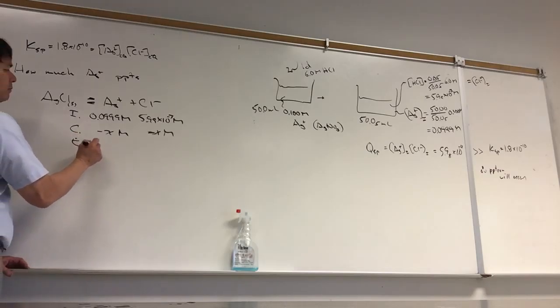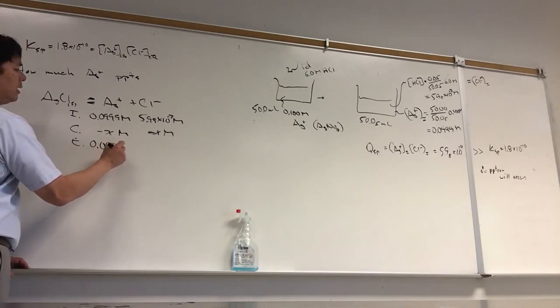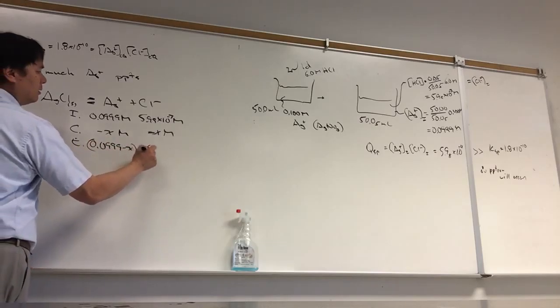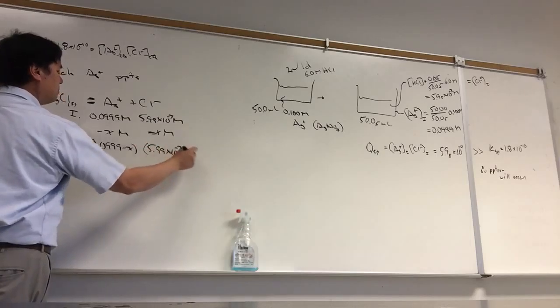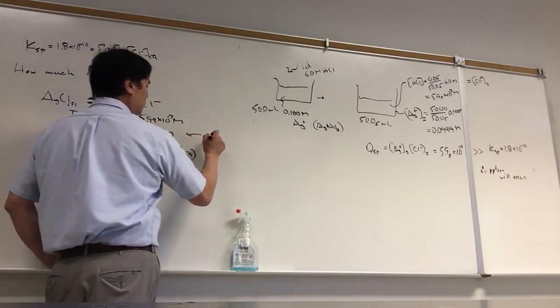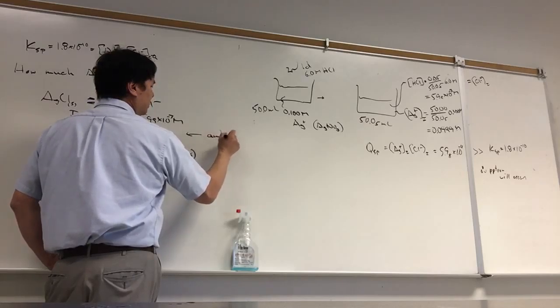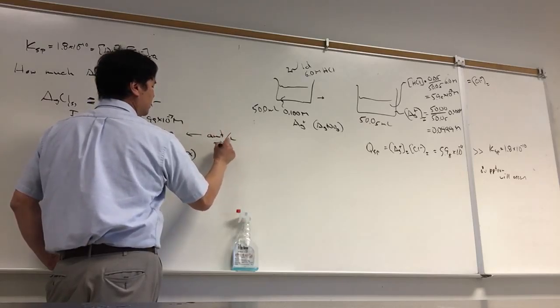Minus x would be the moles per liter that precipitate out here. And so at equilibrium, we're going to have 0.0999 minus x, and 5.99 times 10 to the minus 3 minus x. This is the amount per liter of precipitate.